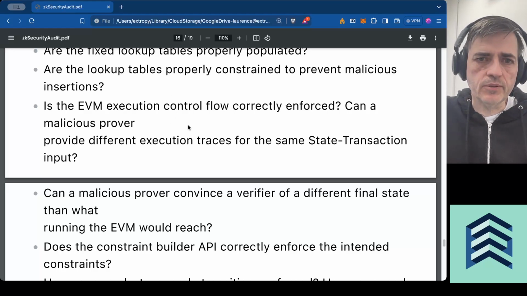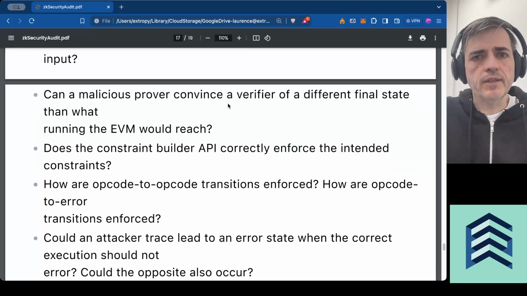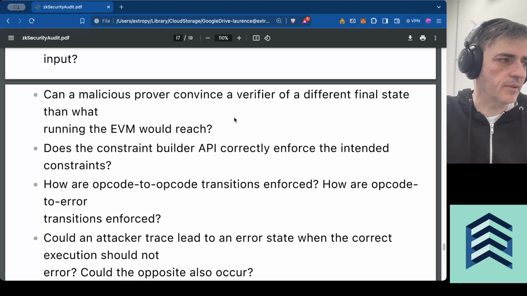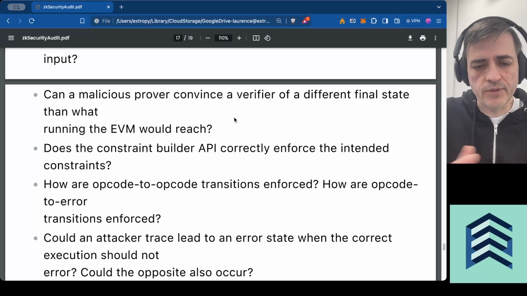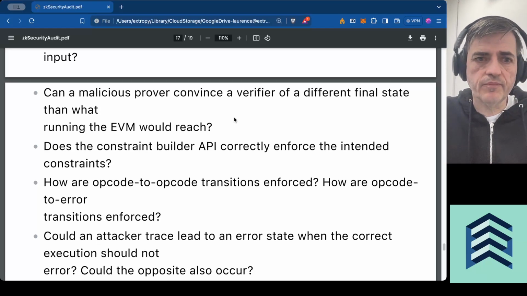So we would need to check that. Can the malicious prover convince a verifier that the state that has been reached by the EVM is different to what has actually happened? So again, this is really a mixture, I guess, of ZK, but also understanding how the EVM works.